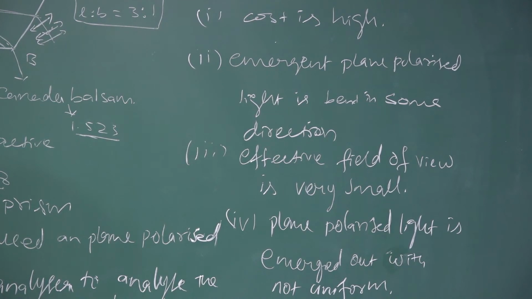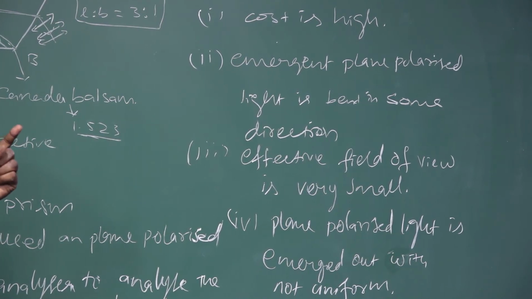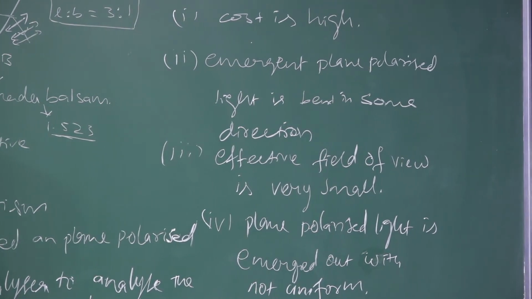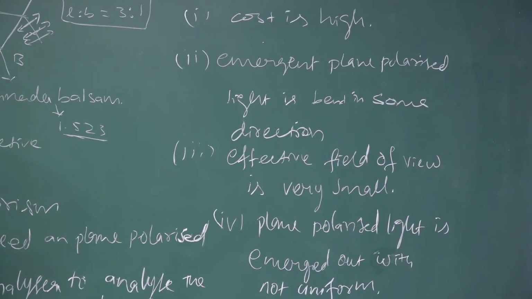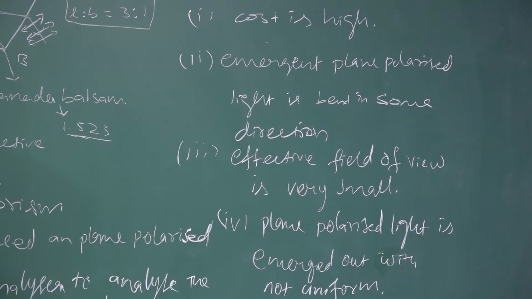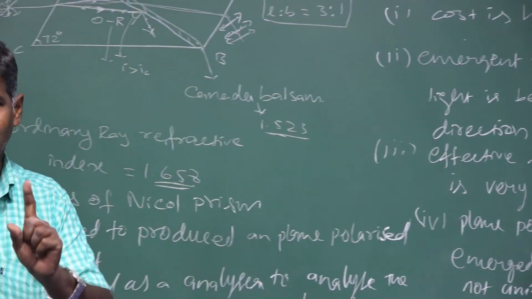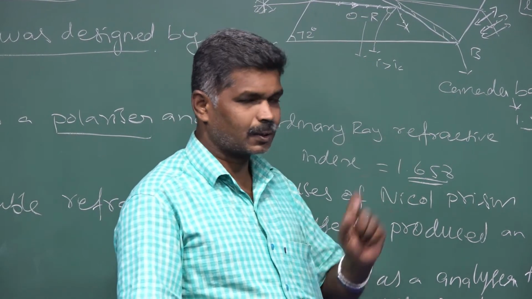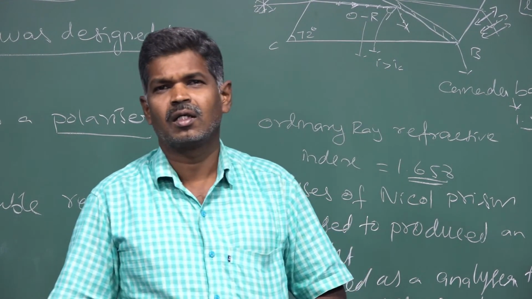We cannot view a larger region. The fourth point is that the plane polarized light emerging from this crystal is not uniform in all directions. Those are the drawbacks. Once again, listen.